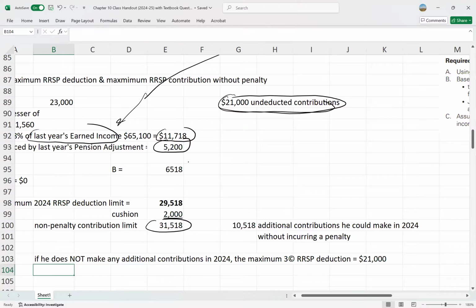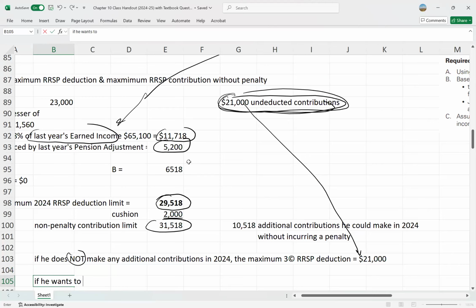In order to deduct this amount, 29,518, he needs to have that amount in contributions. Currently, he only has 21,000 in contributions, and there's no indication that he's making any additional contributions this year. So if he does not make any additional contributions, the maximum that he can deduct for 2024 would just be 21,000.